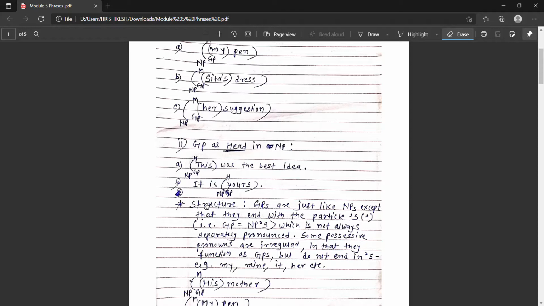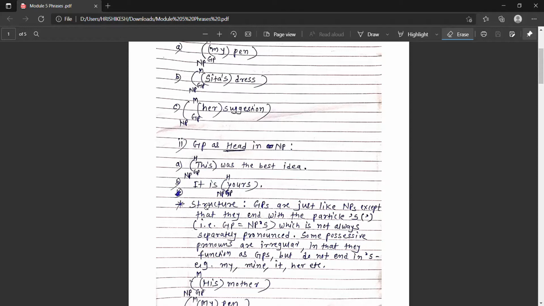But that apostrophe s is not used 100% of the time. Instead of apostrophe s, we use possessive pronouns: my, mine, her, his. In the above examples, we have discussed that some possessive pronouns are irregular in that they function as GPs, but do not end in apostrophe s. My, for example, should not end with apostrophe s.